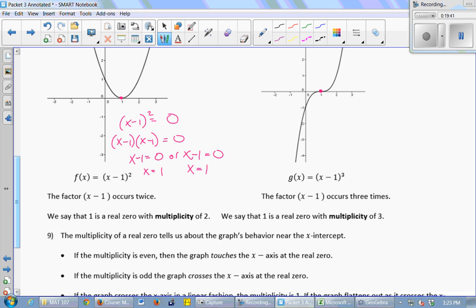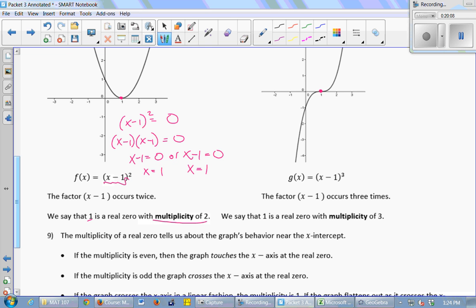So we say that 1 is a real zero with multiplicity of 2, because it shows up twice when we're solving for it. Another way to recognize double or triple multiplicity is by seeing that a factor is repeated. (x minus 1) is repeated twice, so it's got multiplicity 2.